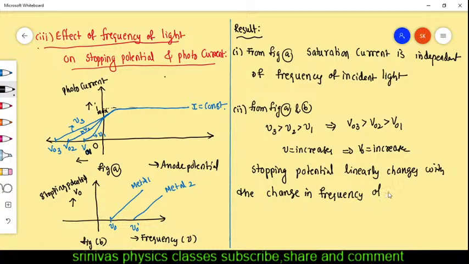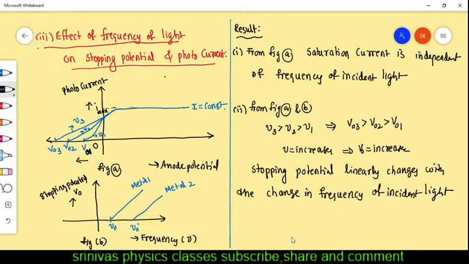Stopping potential depends upon the frequency. Stopping potential changes linearly with the change in frequency of incident light.